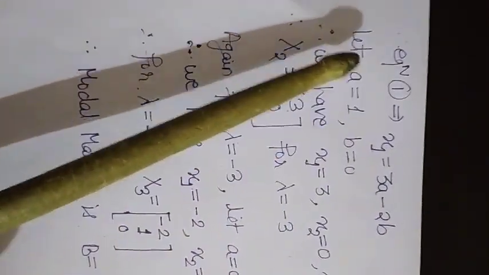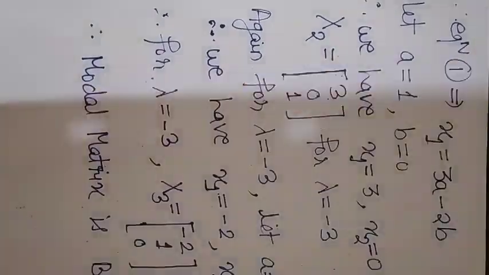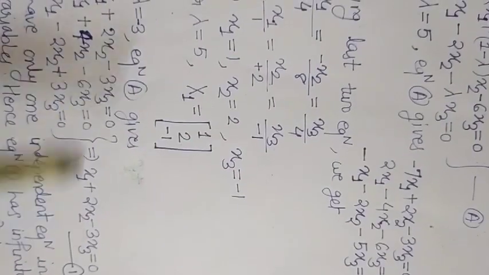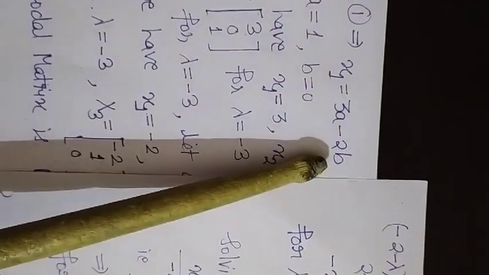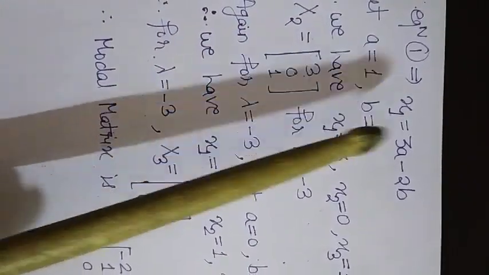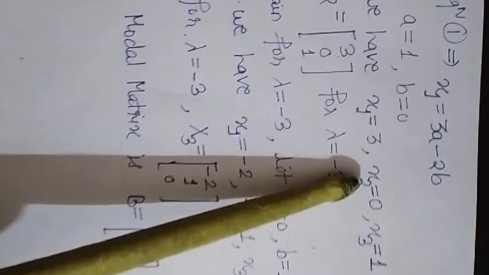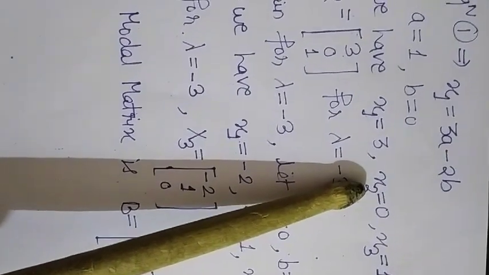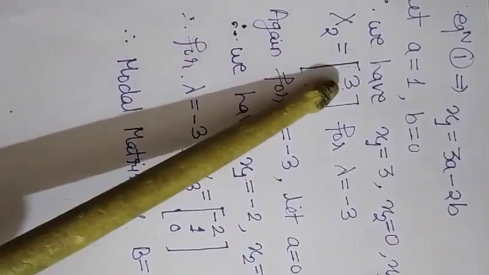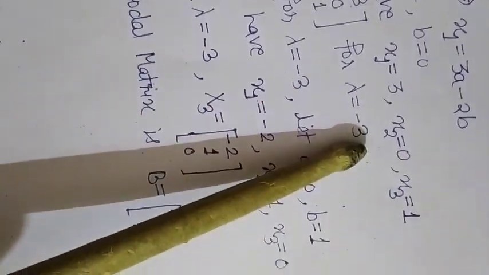So putting these values in equation number A, we have x1 is equal to 3x3, x3 is A, so 3A, then minus 2x2, that is 2B. For A equal to 1 and B equal to 0, we have x1 is equal to 3, x2 is nothing but B, so that is 0, x3 is A, that is 1. So these are the values for lambda equal to minus 3.